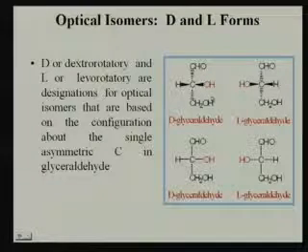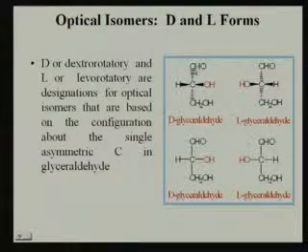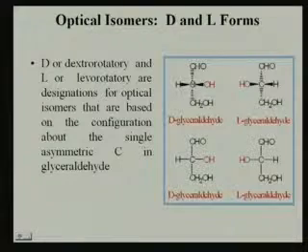Now, this is the structure of glyceraldehyde. Here the carbonyl carbon, the CHO group, is present, that is the aldehydic group, as it is an aldose sugar. Now, here this is the chiral carbon. Chiral carbon means the 4 valencies are occupied by 4 different groups.